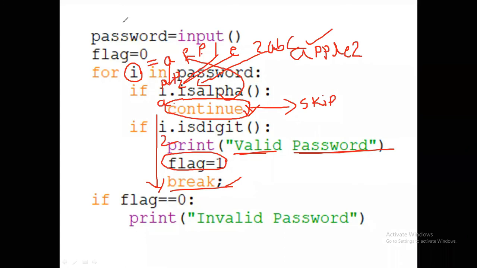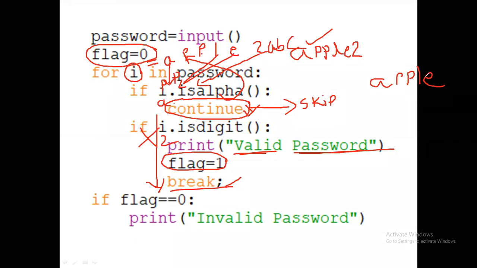Why am I taking flag equals 0 here? If the string contains only characters, we don't enter into this block. So we need to remember that and check the flag value.